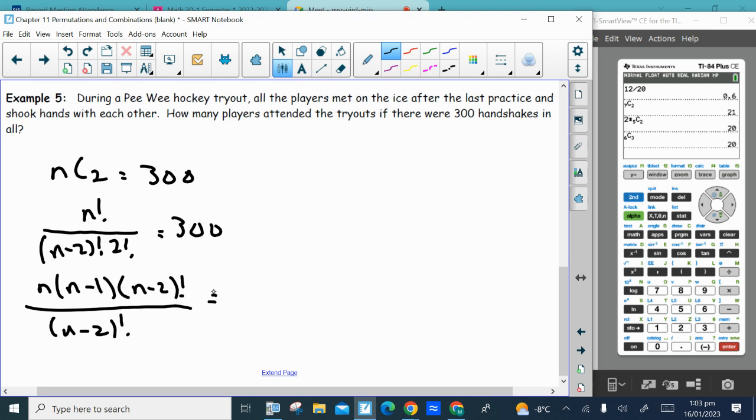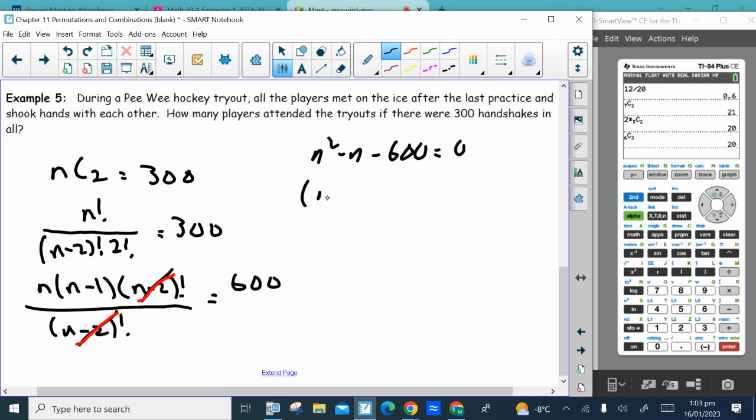The other thing I'll do is multiply both sides by 2 factorial, or 2, which gives us 600 on the right. So the (n minus 2) factorials cancel, and we're left with n squared minus n minus 600 equals 0.